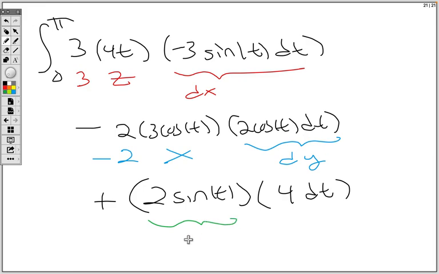So this is my y dz. Do you see how we got all the t stuff plugged in?